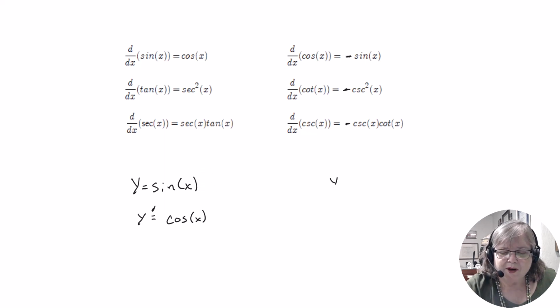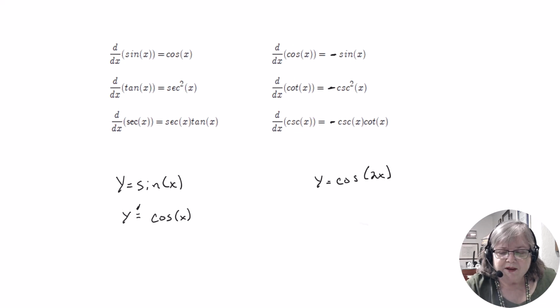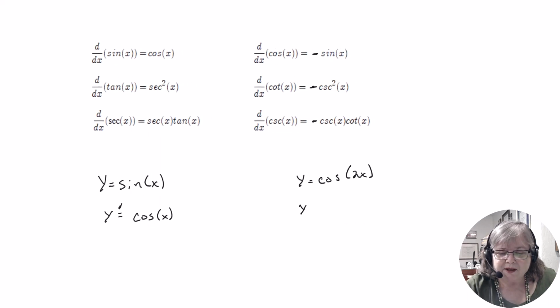Whereas if you had y is equal to cosine of something like 2x, then the derivative of cosine is a negative because you take the derivative of the outside. The derivative of cosine is negative sine. Leave the inside alone and loop back in and take the derivative of the inside.